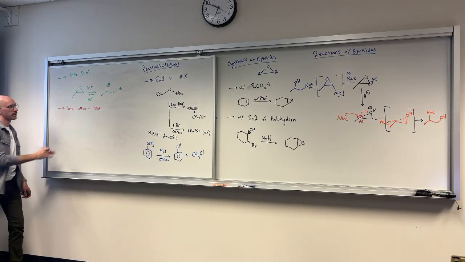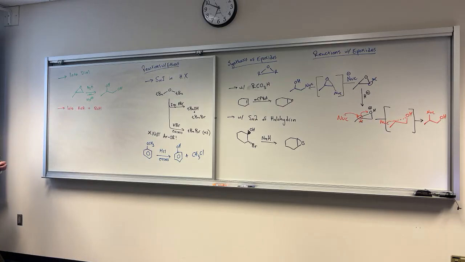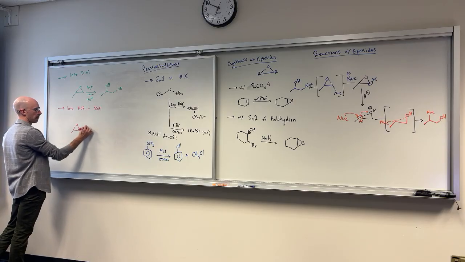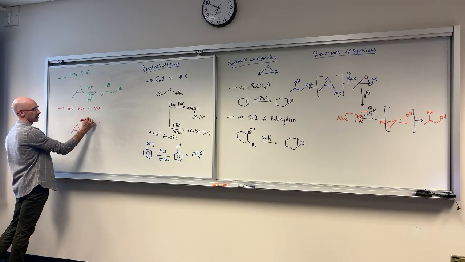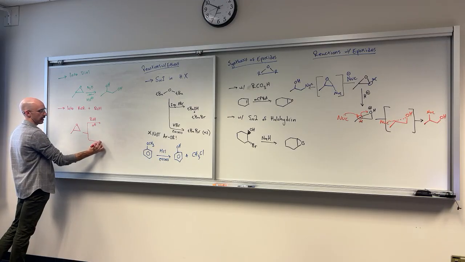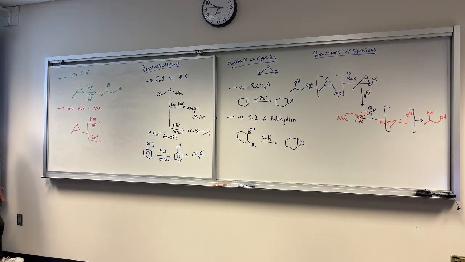I can also open this into an ether and an alcohol. And this is where the regiochemistry actually plays a difference. If I react this with ROH in acid as opposed to RO minus, I get different products.